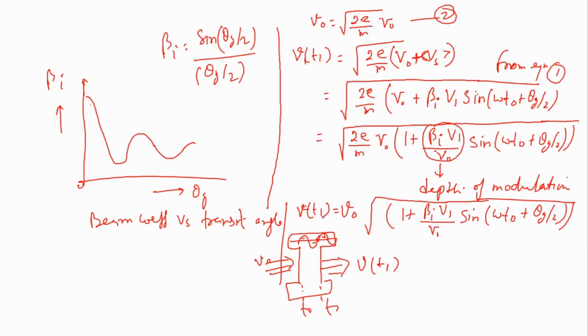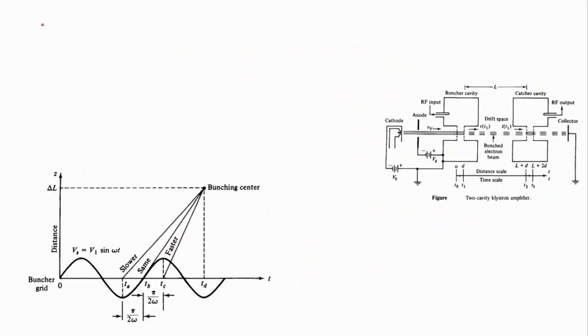So this v of t can be rewritten by removing this square root term and using the binomial expansion. We can write v of t1 is equal to v naught into 1 plus beta V1 divided by v naught, and that should be to the power half, because if we remove the square root it becomes 1 plus x to the power half.